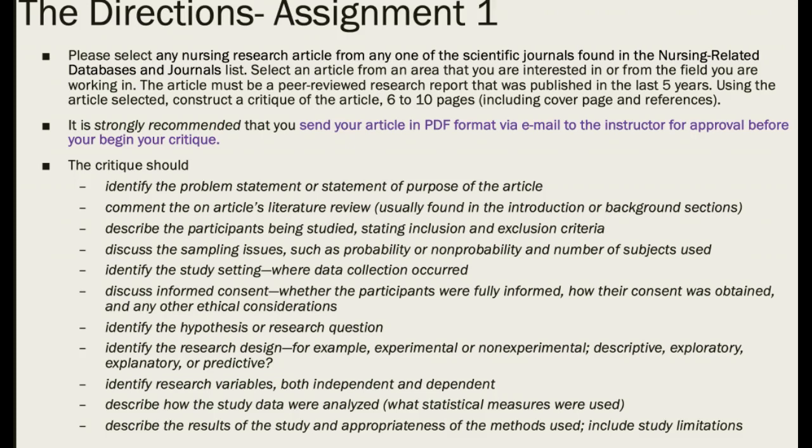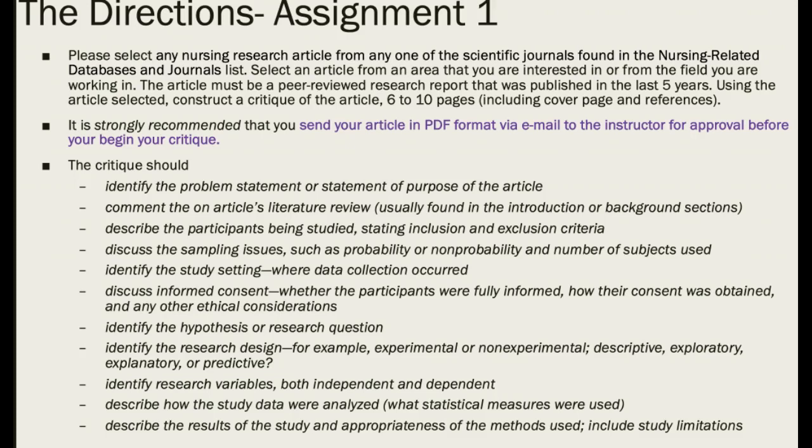The participants or the sample that's being studied, and the inclusion and exclusion criteria, sampling issues such as probability, non-probability, how they got their sample, and the number of subjects used. Is that number enough? Did they tell you if it's enough?